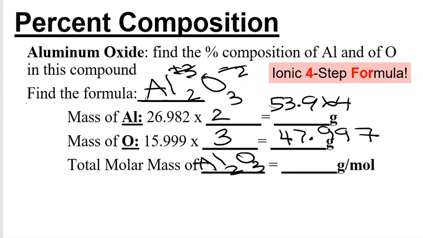So I'm going to take these two and add them together. 53.964 plus 47.997 is equal to 101.961.